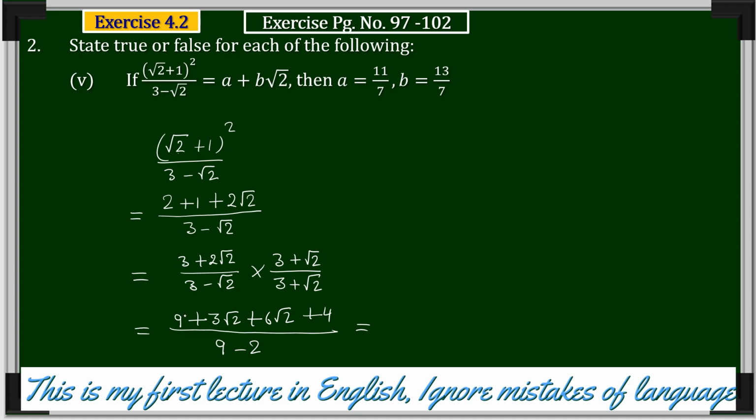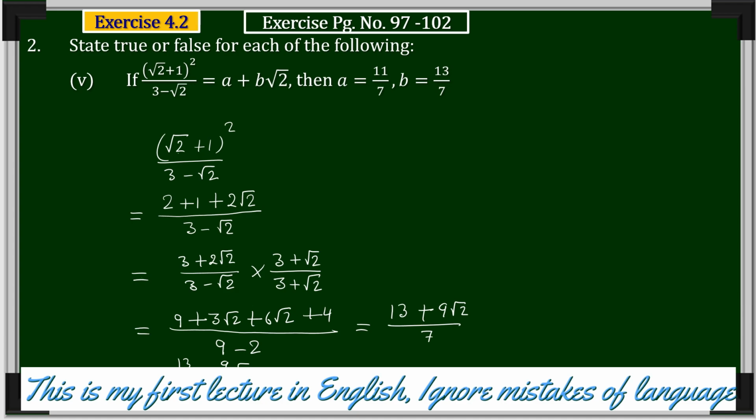Now add like terms. 9 plus 4 is 13. 13 plus 9 root 2 upon 7. Okay, so it is 13 upon 7 plus 9 upon 7 root 2.